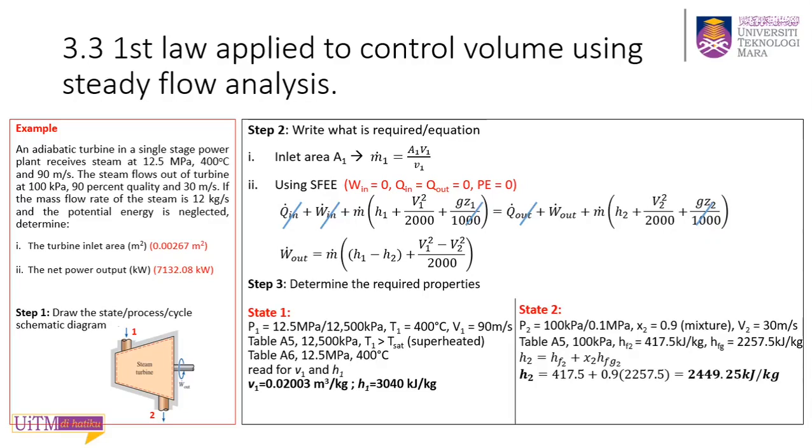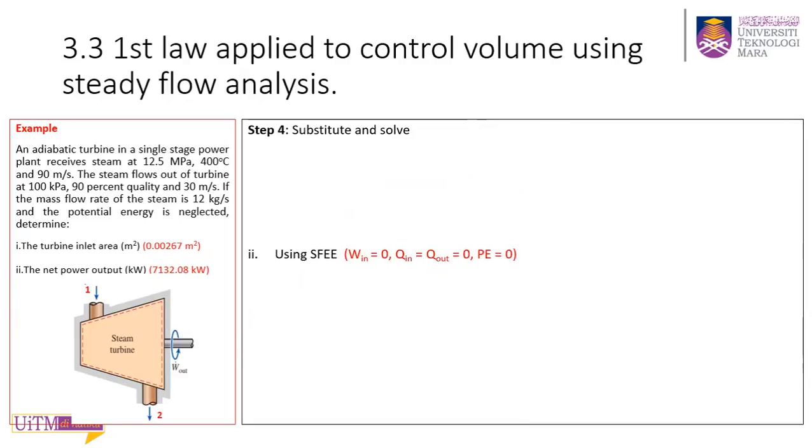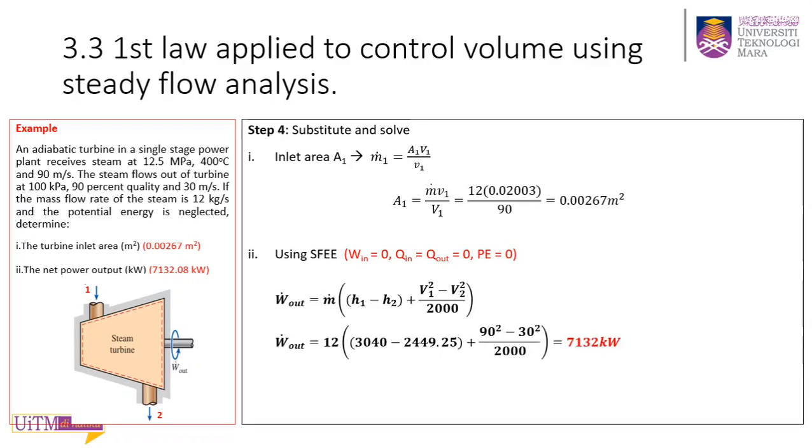Therefore, using the equation for mixture, we can calculate for the value for specific enthalpy at state 2. For step 4, substitute the required values and solve for the question. As you can see, the answer for the inlet area A1 is 0.00267 meters square, and for net work output, the answer is 7,132 kilowatts.